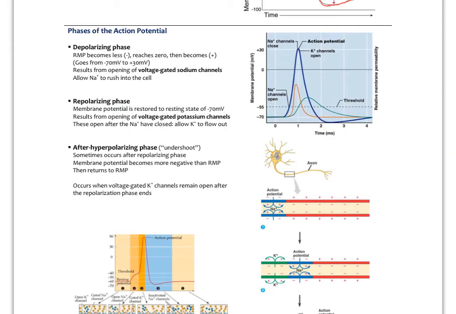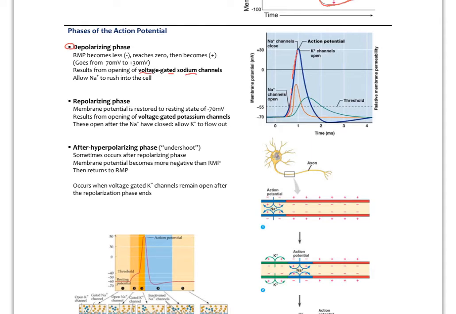And there are different phases of the action potential. So the phase where basically it's going from resting membrane potential minus 70 up to 0 and even beyond, that's called the depolarizing phase. And this occurs because of the rapid opening of voltage-gated sodium channels. So go back to that axon hillock.